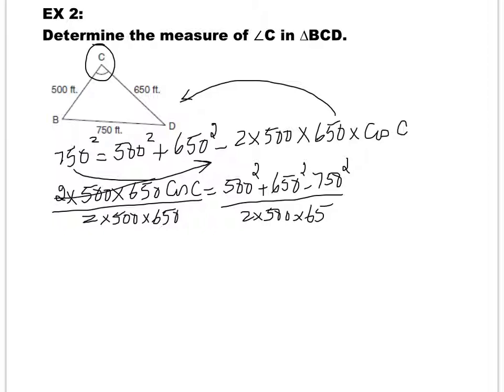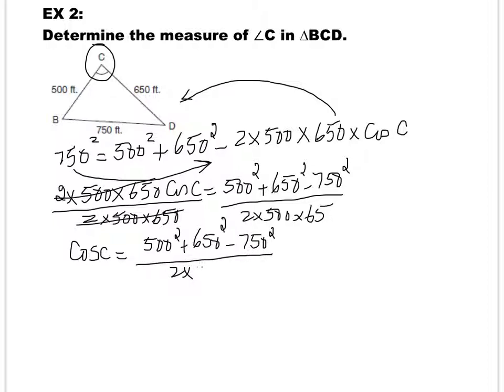Now I'm going to divide by 2 times 500 times 650. So these are going to cancel each other out, so I'm going to find that cos C is 500 squared plus 650 squared minus 750 squared divided by 2 times 500 times 650.